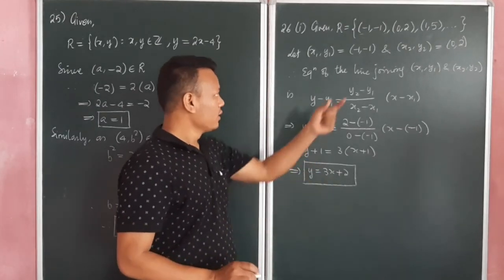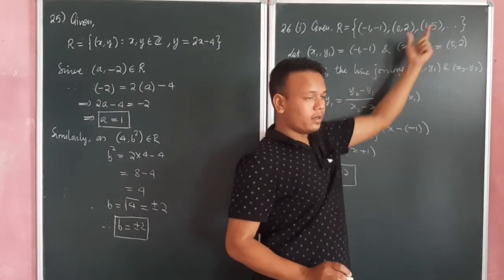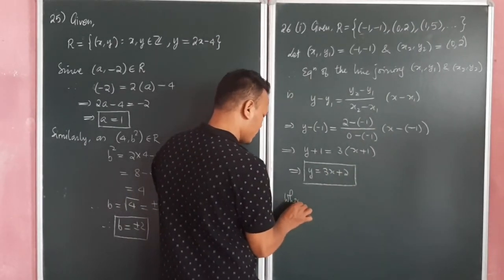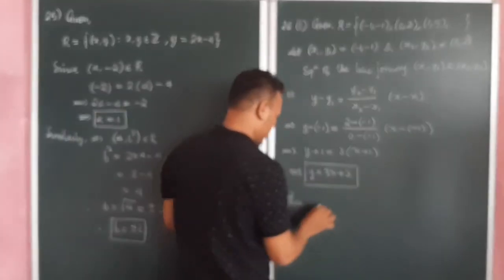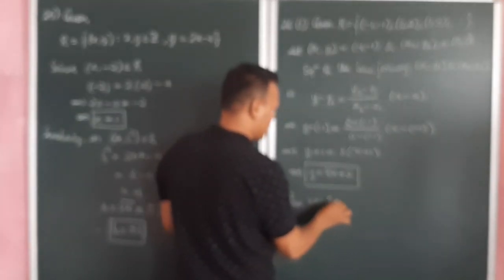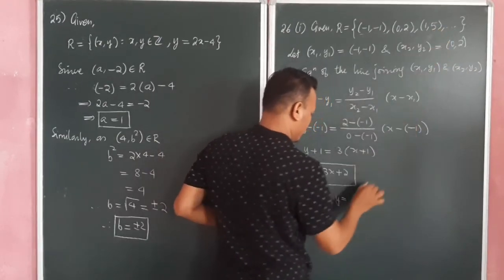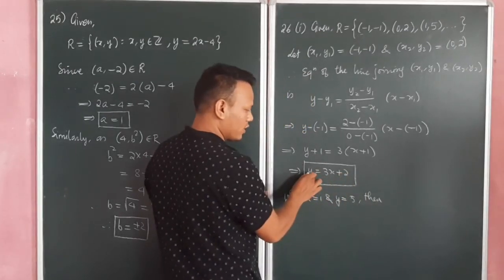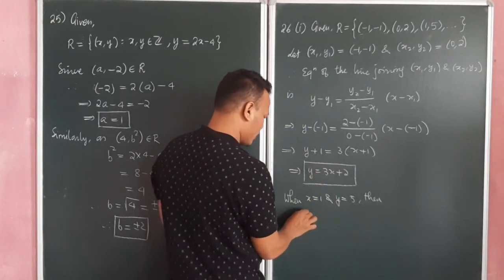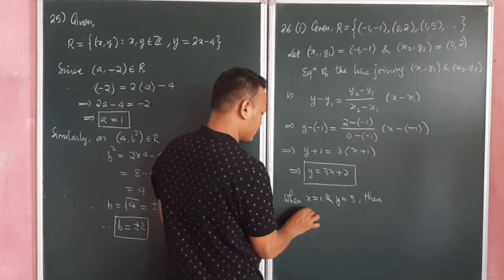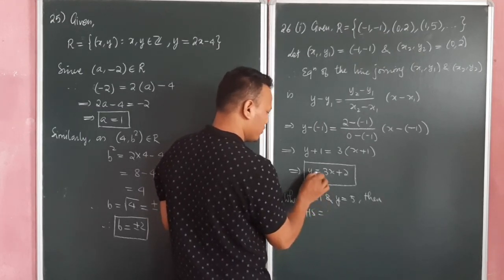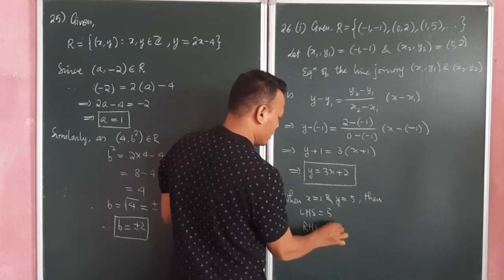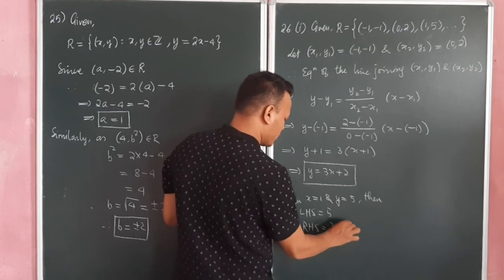Now let's see whether this ordered pair is also satisfied or not. This is my x. So when x equals 1 and y equals 5, then left hand side is y, isn't it? So y is equal to 5, and the RHS, that is the right hand side, is 3x, x is 1, plus 2, and how much is this?